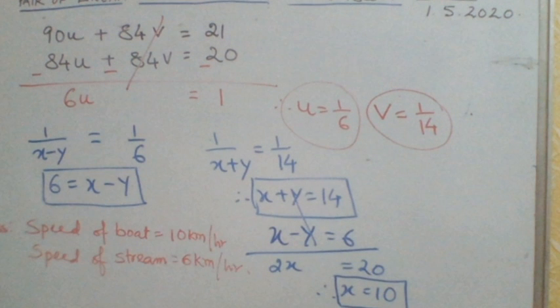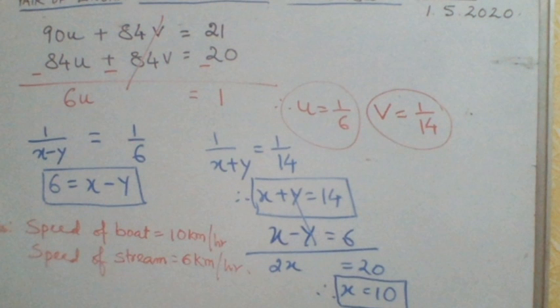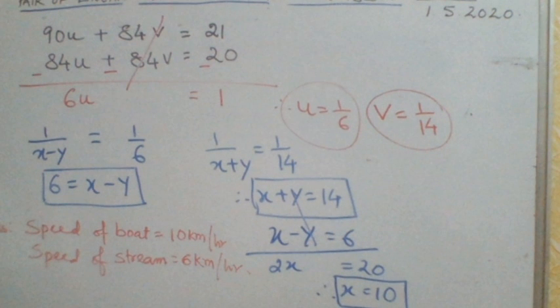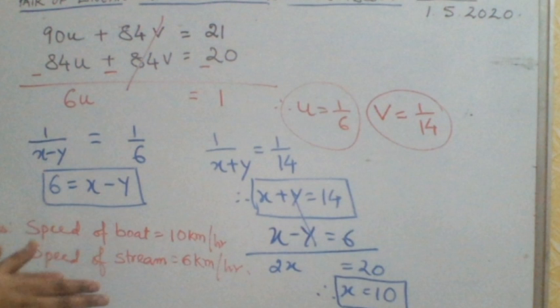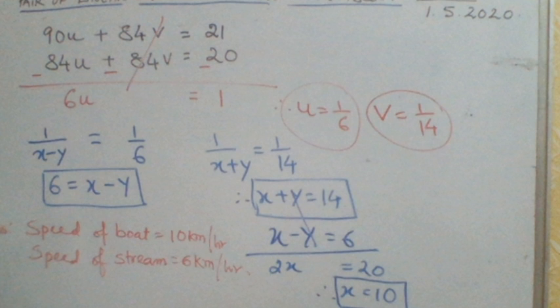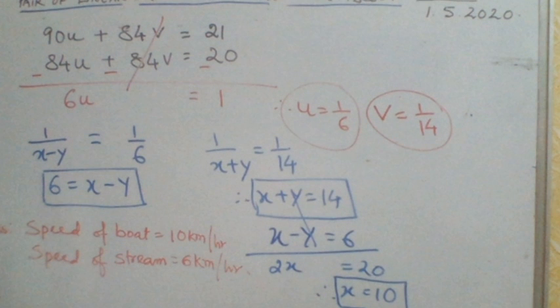Remember, the speed of the boat should be more than the speed of the stream. Upstream, we take the difference of the speeds because things are slowed down. The two things are moving in opposite directions in upstream, and in downstream both are moving in the same direction and the speeds are added up.